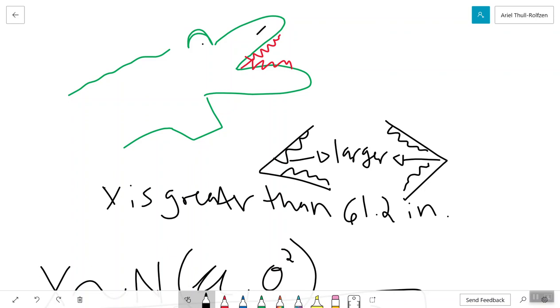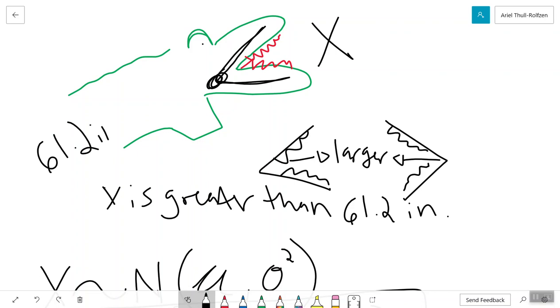So this guy is going to be opening his mouth towards x, but then over here, the small side, he's going to be turning his face away from 61.2 inches. He doesn't want it. It's going to be smaller than x. He wants the bigger prey because he's a hungry gator.